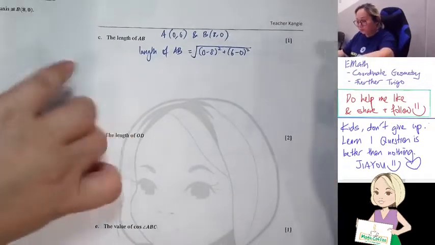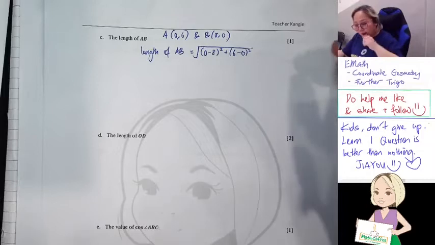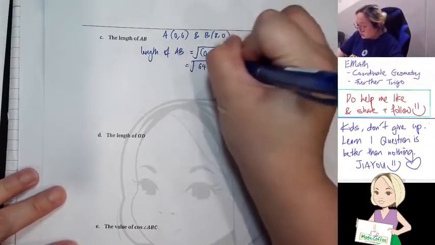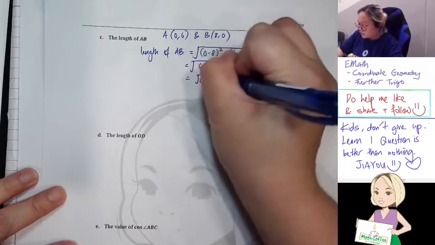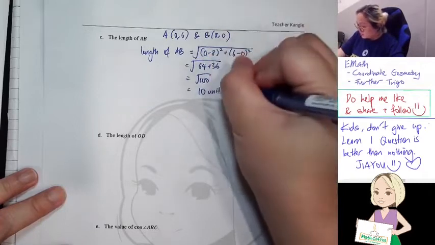So, in the end, what do I get? I will get square root of 64 plus 36, which is square root of 100, which is 10 units.